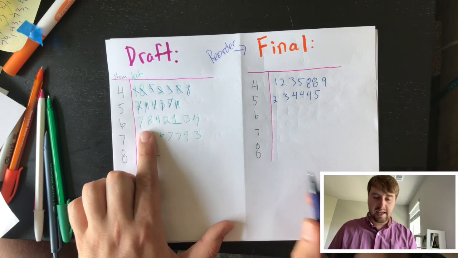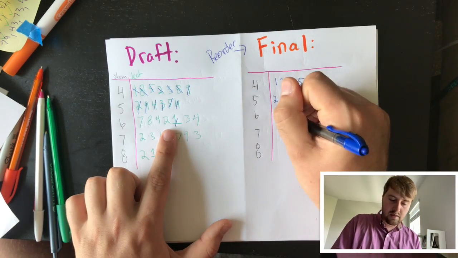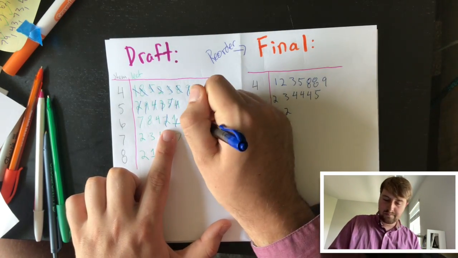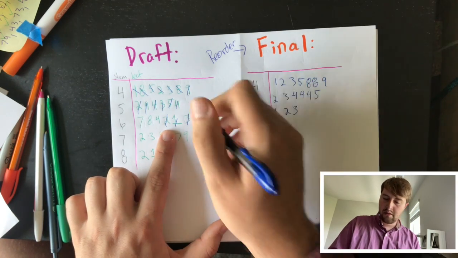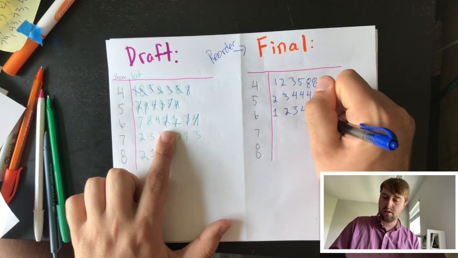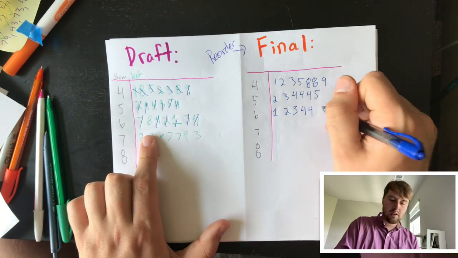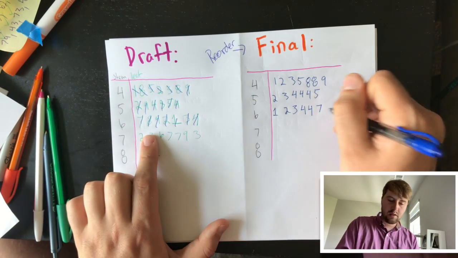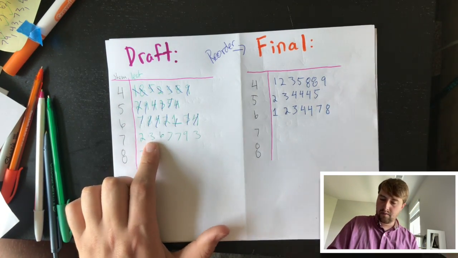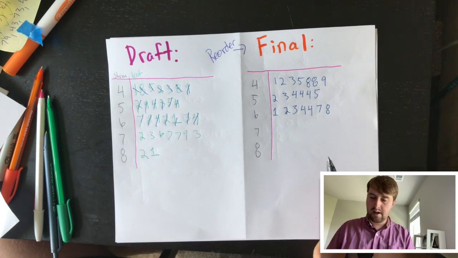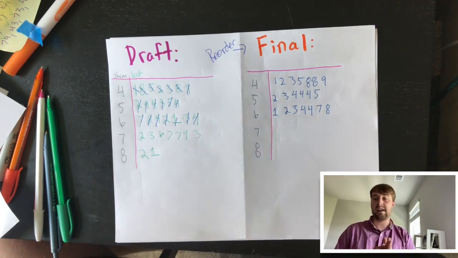Moving down to our 6s, we have a 1, which is 61, a 2, a 3, 4, another 4, a 7, and an 8. See how I kept those lined up right there? It's going to help us when we look at the data for the shape of it.